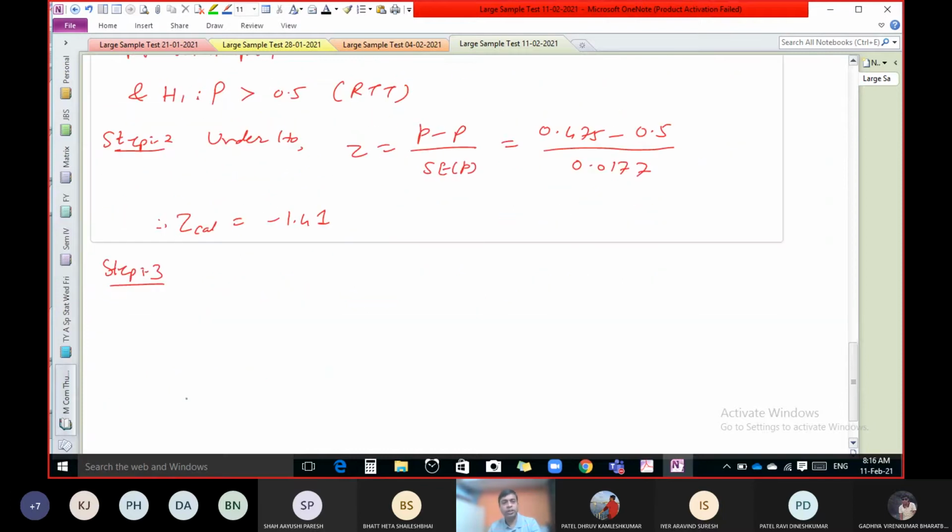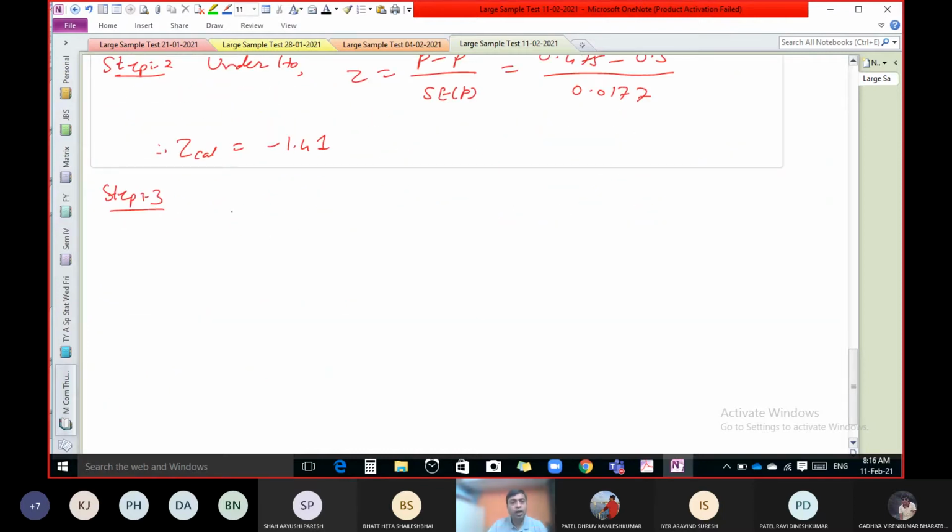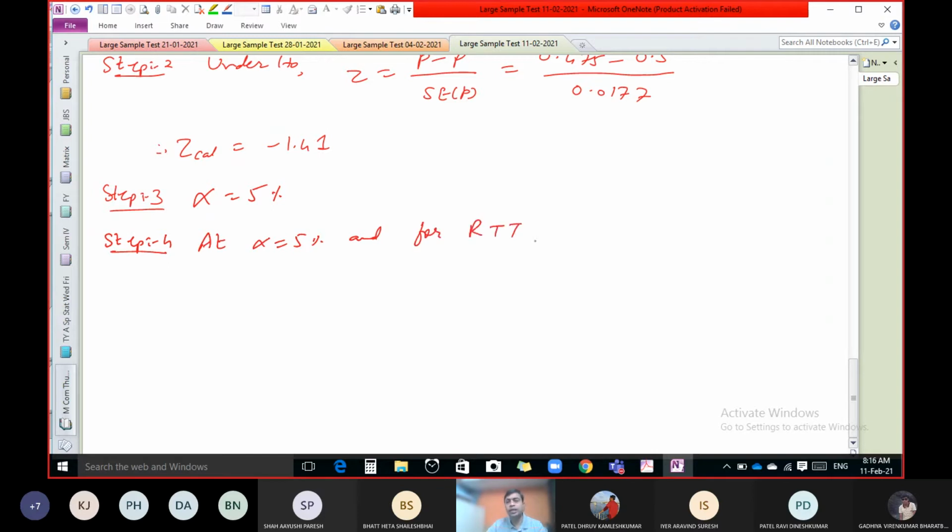Step 3, alpha equal to 5%. Step 4, at alpha equal to 5% and for a right tail test, from the normal table we get Z tab.